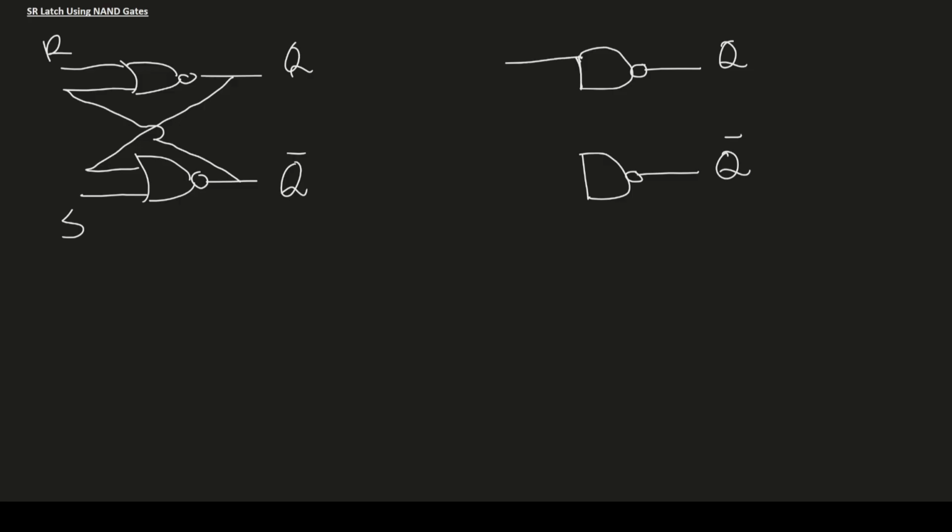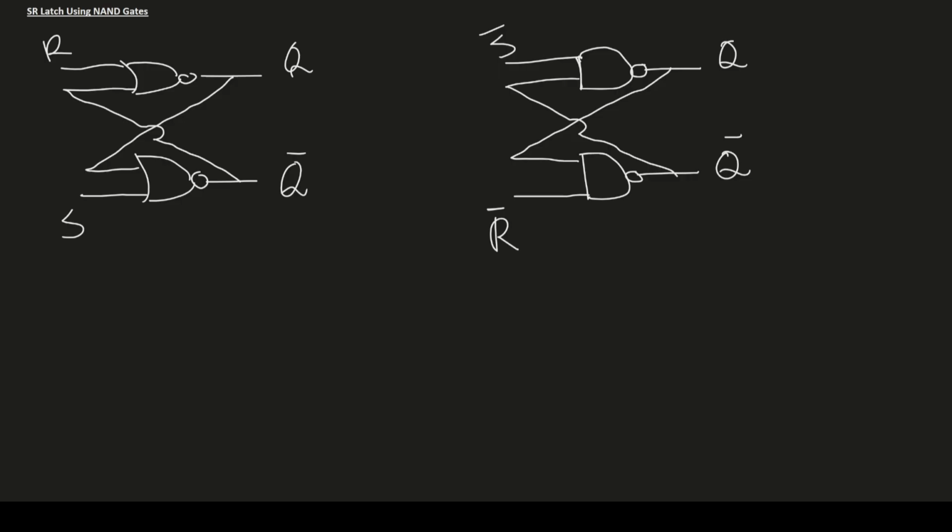But the top NAND gate will have the input S bar, which is the complement of S, the set, and the NAND gate that outputs Q bar will have one of its inputs as R bar, which is the complement of the reset. Similarly, Q will be the other input for the bottom NAND gate, and Q bar will be the other input for the top NAND gate.